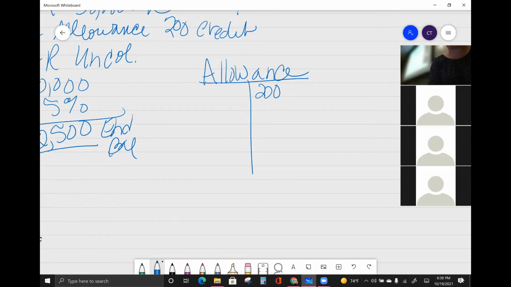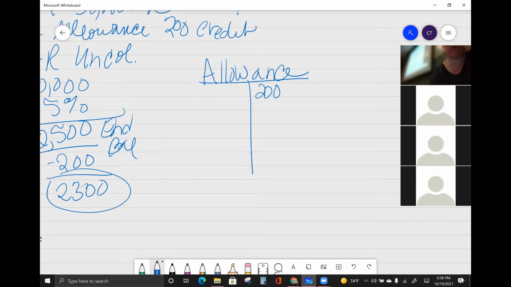So we don't need to put the whole amount. We only need to do an adjustment for 2,300. Okay, does that make sense? So the difference is what I'm setting up as my journal entry. So I do bad debt expense. Now this part is exactly the same as doing the sales method. The only thing you have to consider is you can't just take that number that you just calculated and that's your number for the journal entry.